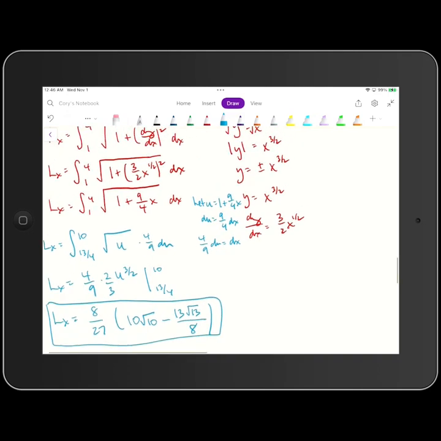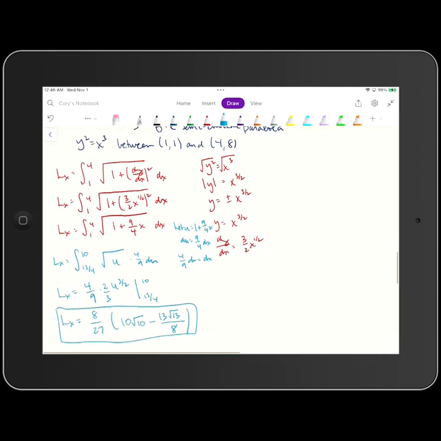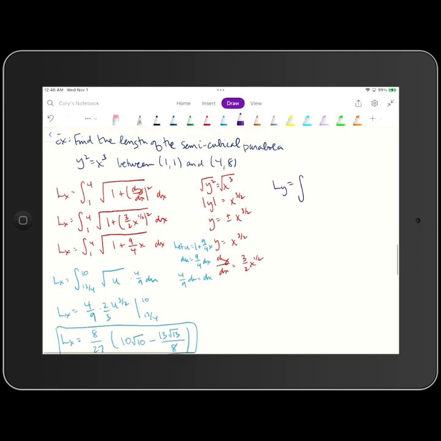Now we can also set up an integral to compute arc length with respect to y. So if we want to set up an integral to calculate arc length with respect to y, our limits of integration need to be written in terms of y values.